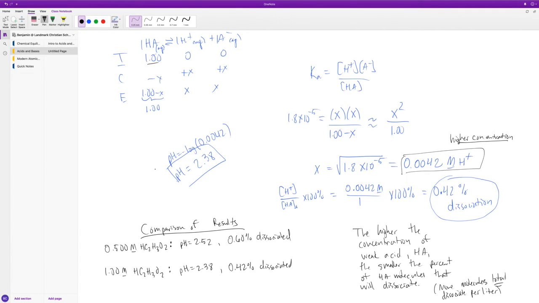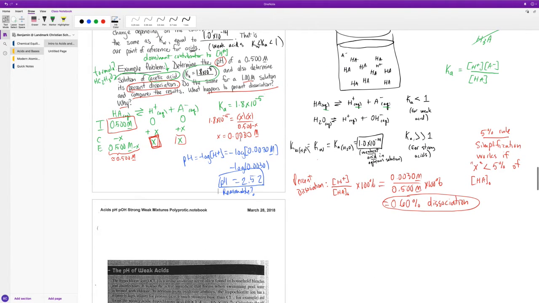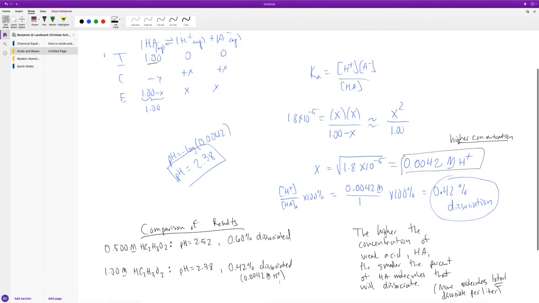Okay, but the percent, this one was 0.0042 molar H plus, and this one up here was 0.003 molar H plus.